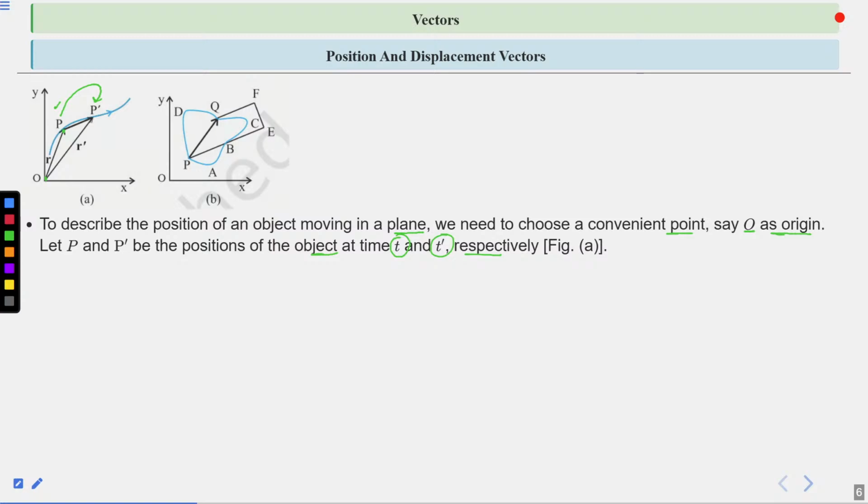A position vector originates from the origin. Look here, x-axis and y-axis, and O is the origin. So this one, OP, is a position vector. Similarly, OP prime is a position vector. It means a position vector originates from the origin.